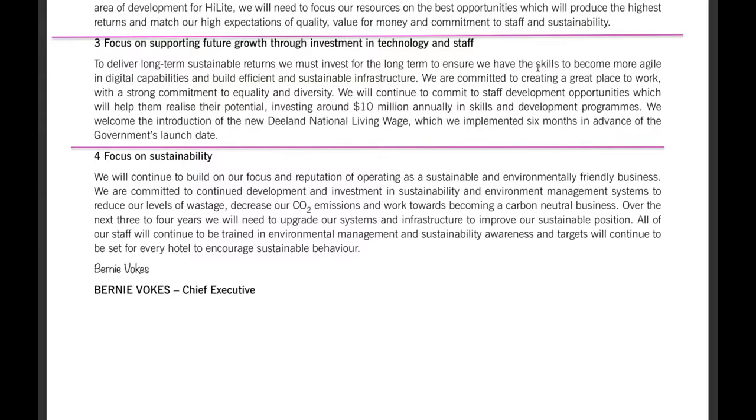Basically, this can also be your firm strategy, and creating a great place to work with a strong commitment to equality and diversity.